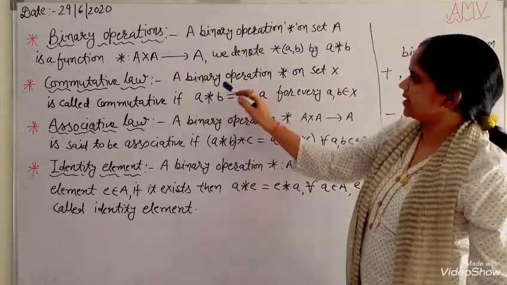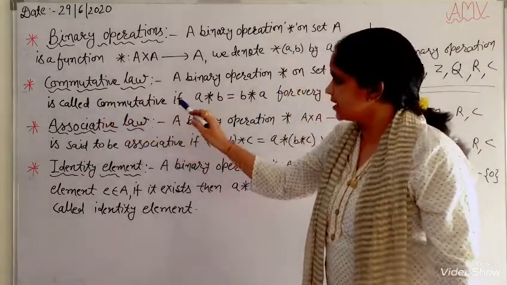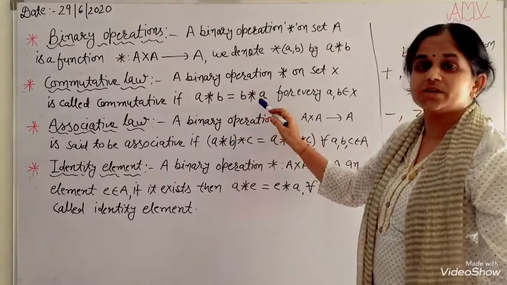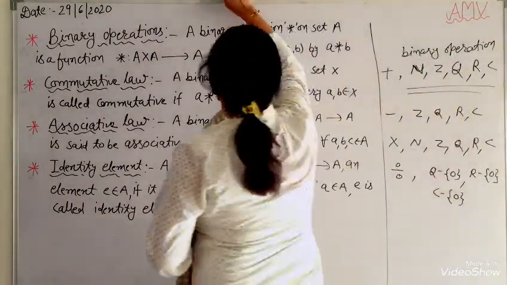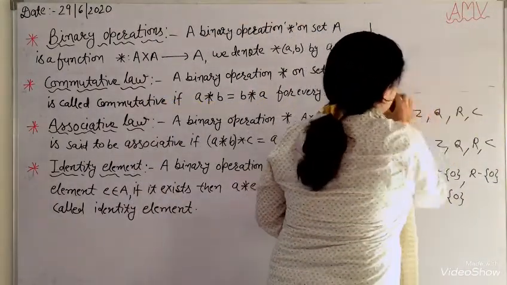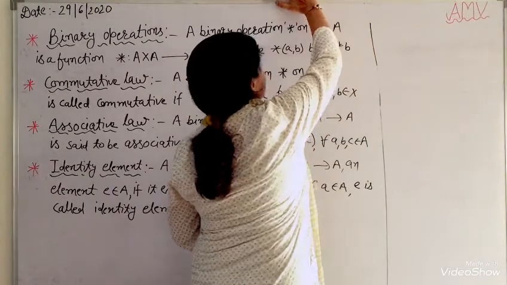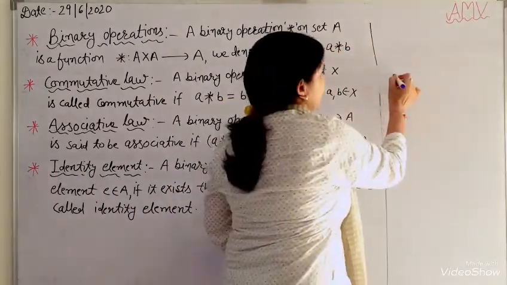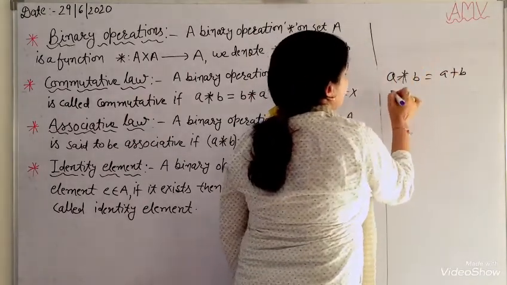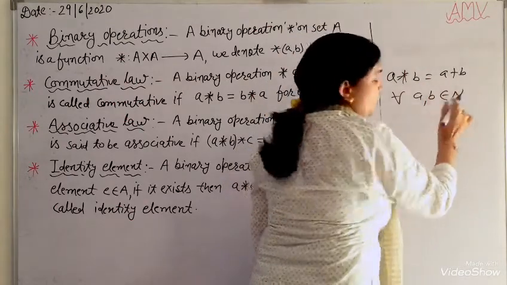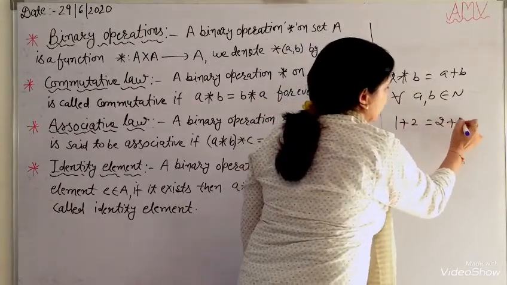A binary operation star on a set X is called commutative if a star b is equal to b star a for every a, b belonging to X. It means, students, if we take the same set of natural numbers and the binary operation is addition, and we define a star b is equal to a plus b for all a, b belonging to N, the set of natural numbers, then 1 plus 2 is equal to 2 plus 1.